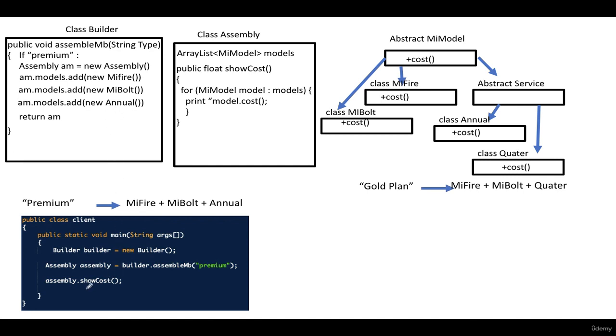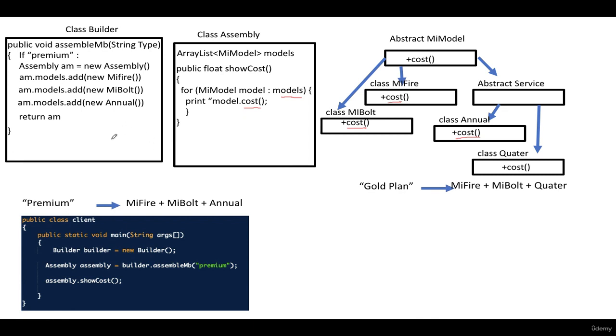So for that we call this method, which is showCost, where we take out all the models one by one and correspondingly call the cost method of all the classes. Like in the premium purchase plan, we have the instances of MI Fire, Bolt and annual servicing. So we call the cost method of MI Bolt, MI Fire and the annual subscription. And then we simply return the cost to the user.